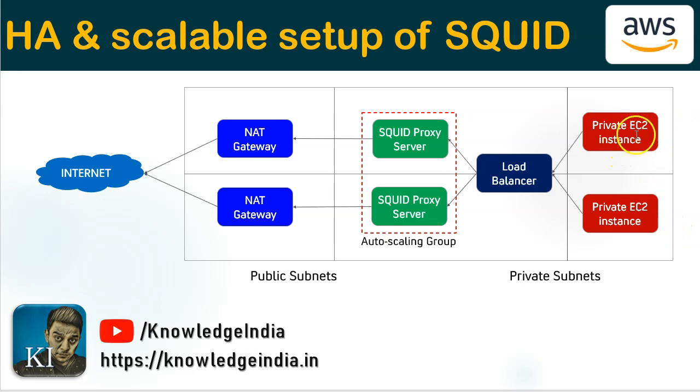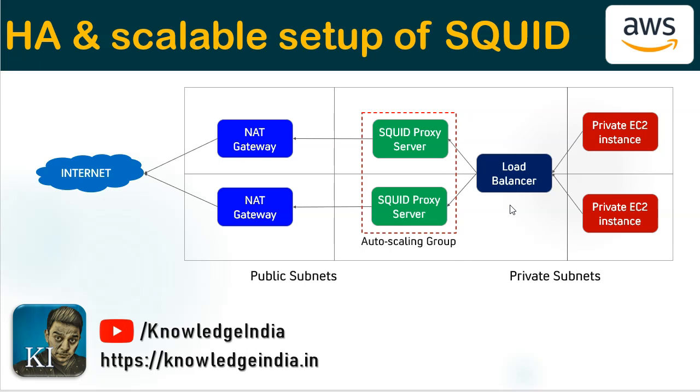We'll have our instances running in the private subnet here, and we will use this private subnet in the middle, as you can see, only to run our SQUID proxy. The way it is configured is that we have got a load balancer, and then SQUID proxy servers running in both availability zones, or you can say in 2 private subnets in 2 different availability zones.